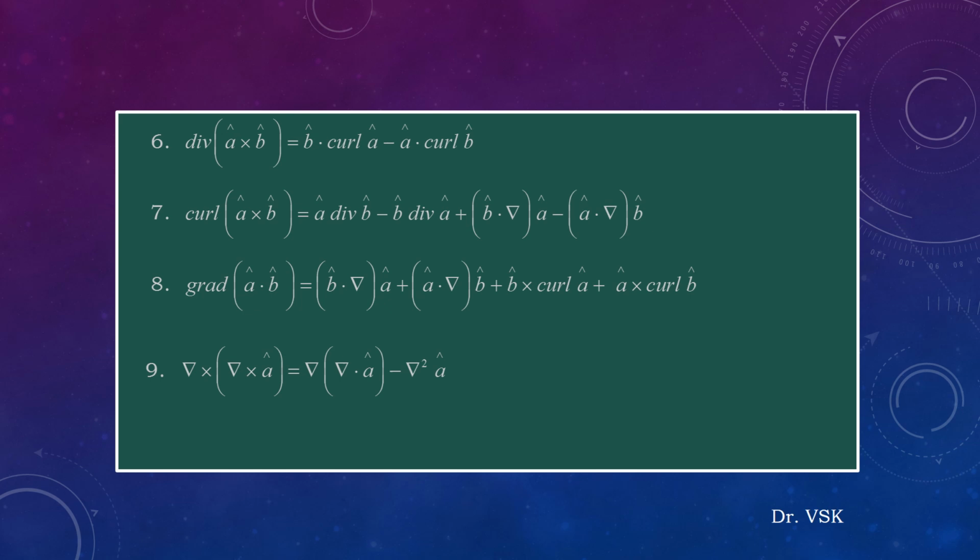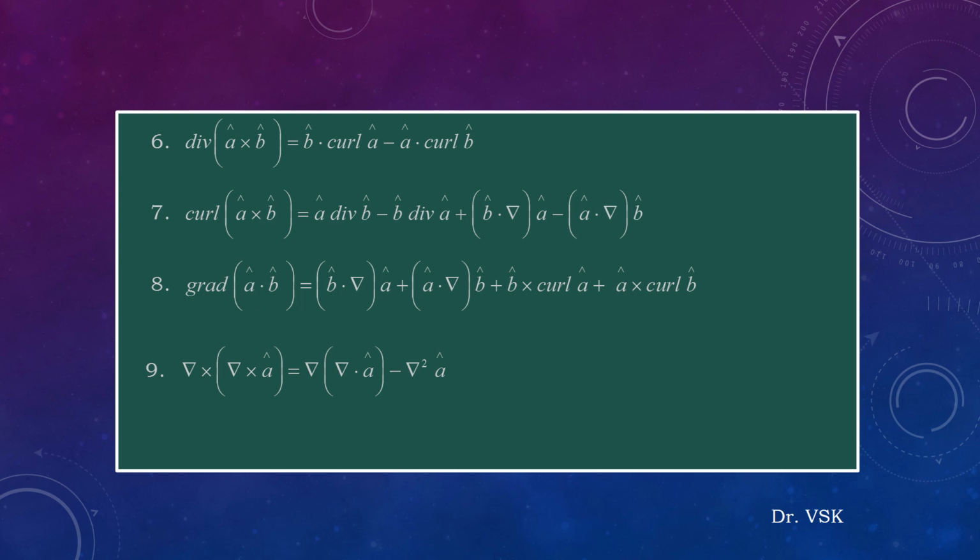Coming to the next vector identity, that is the gradient of A cap dot B cap. A cap is a vector field, B cap is a vector field, but their dot product is a scalar field. We can apply gradient on this particular scalar field.